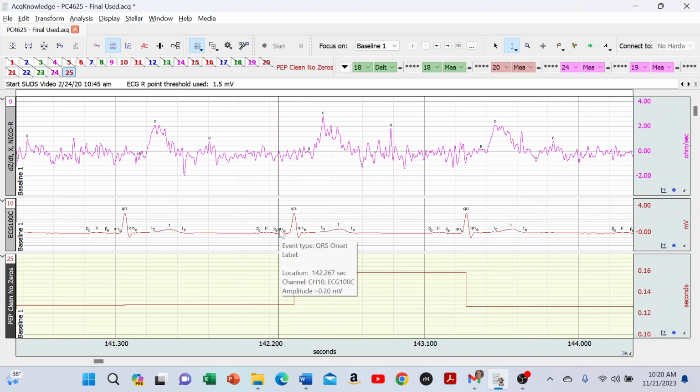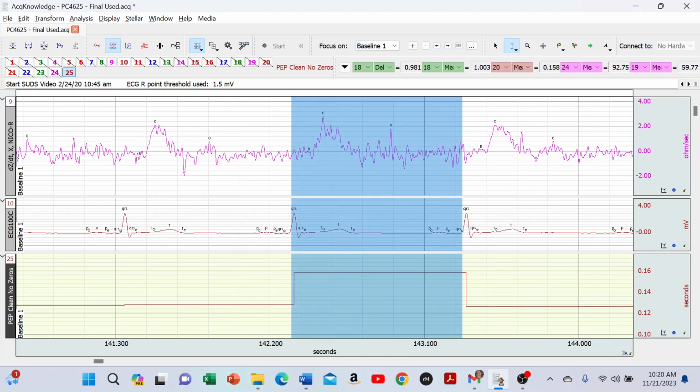Since we're going from the Q point to the B point, that makes this length of time artificially large. This is not what the baseline PEP wants to be. It wants to be around maybe 0.125, and all of a sudden it comes up to almost 0.16. So this ECG channel is what needs to be focused on at the next level of cleaning.